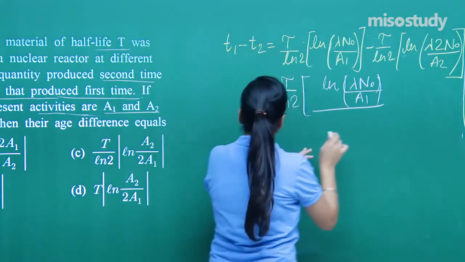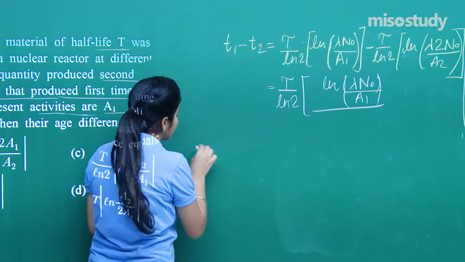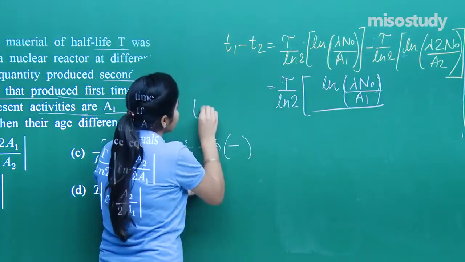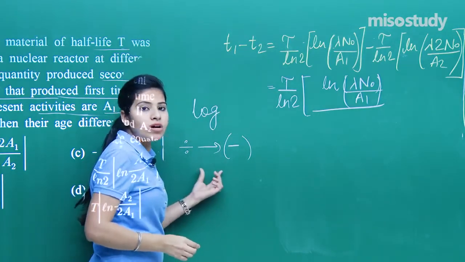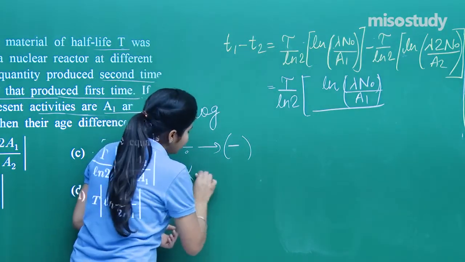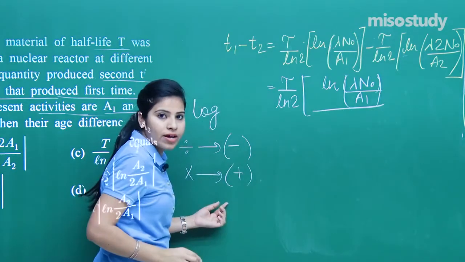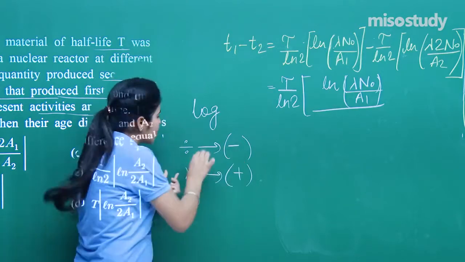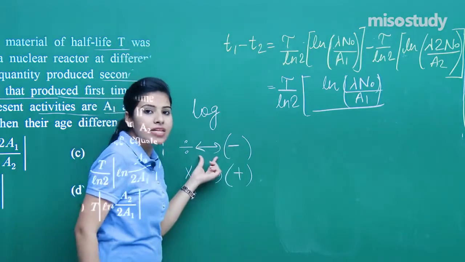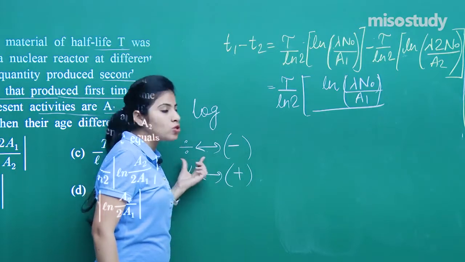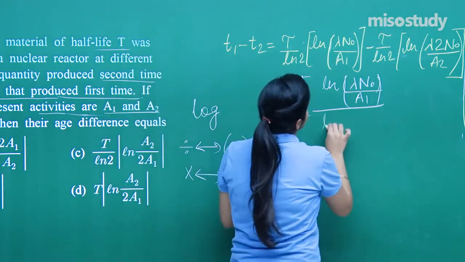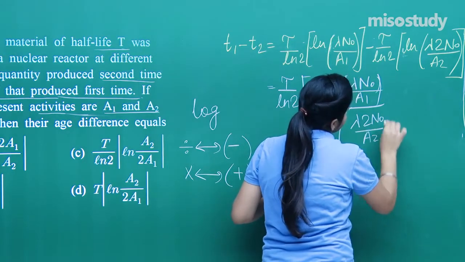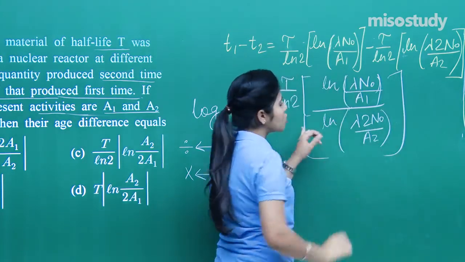In the case of log, division converts into minus sign, and multiplication converts into positive sign. It is an interconversion. So we will write it as log λ2N0 divided by A2. You have this with you.